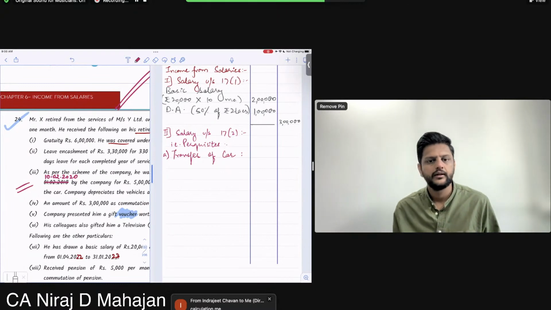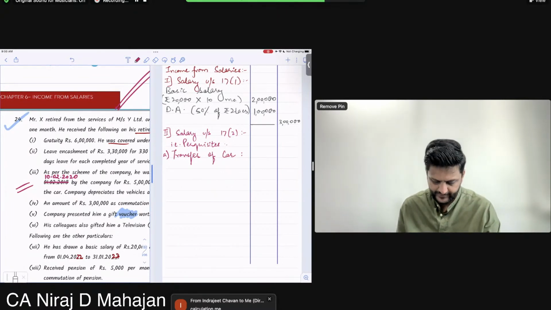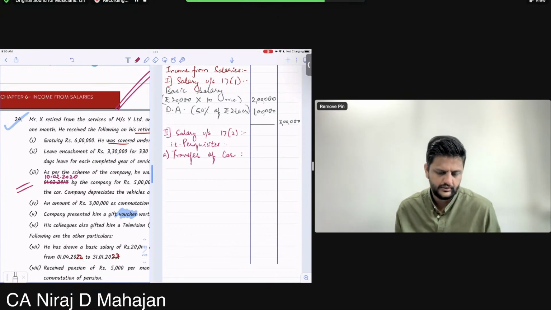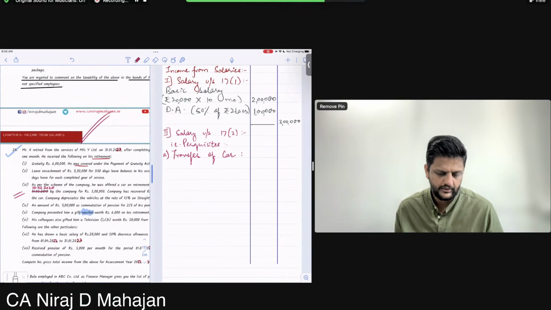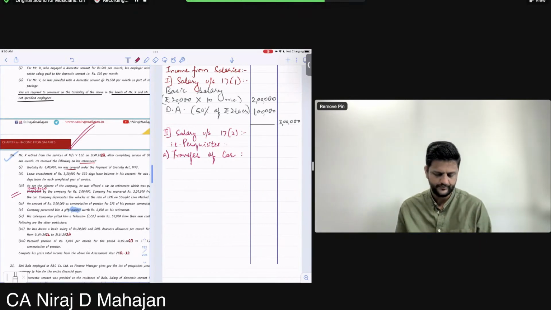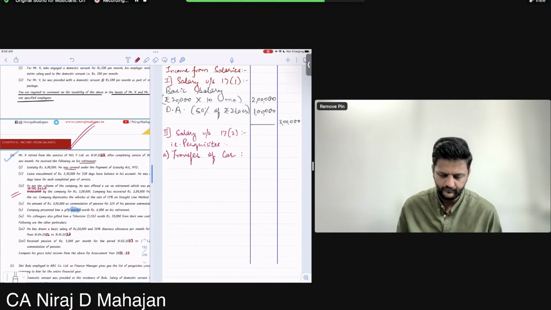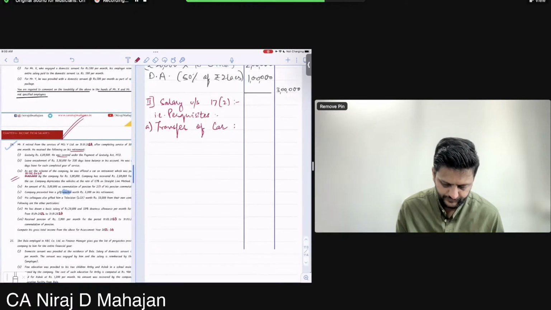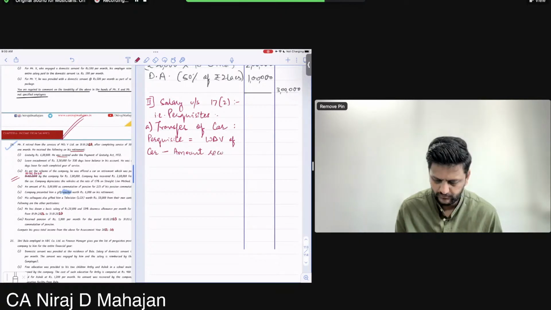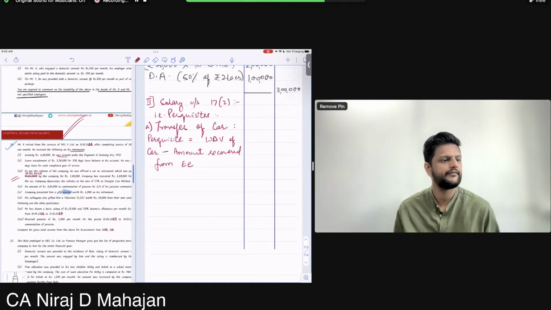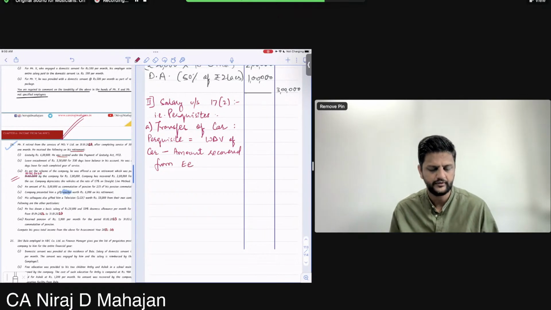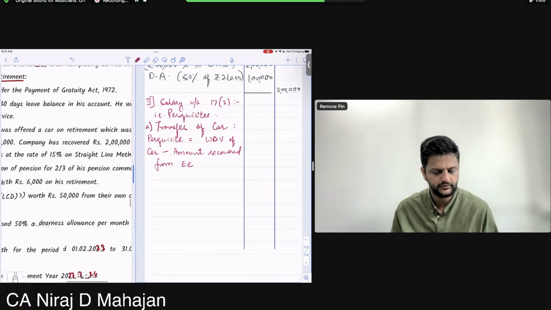Now, in that case, give me the WDV, as per your perquisite rule. I have given different dates now. It is 10 February 2020. The car was purchased for how much? 5 lakhs.